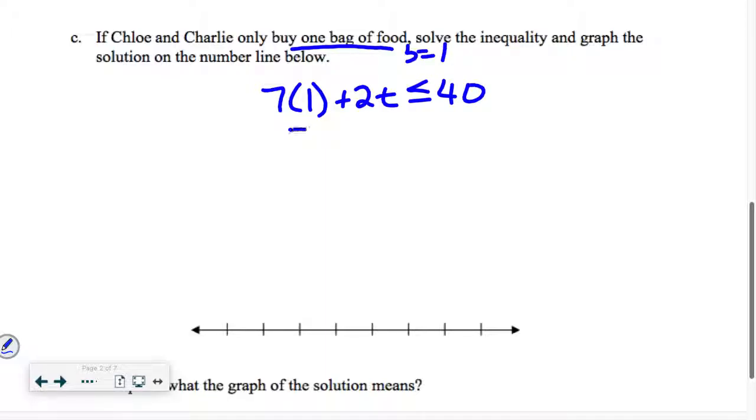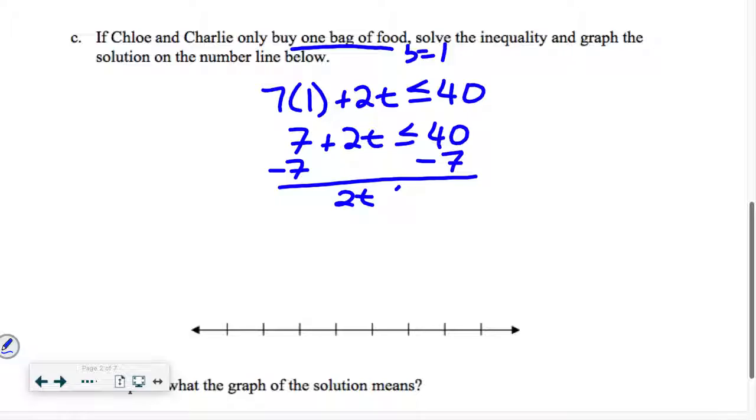So 7 plus 2T is less than or equal to 40. The only difference we're doing today versus what we've done the last couple days is now we are using inequalities to model a real life scenario. I can subtract 7 from both sides. 2T is less than or equal to 33. Divide both sides by 2, and T is less than or equal to 16.5.